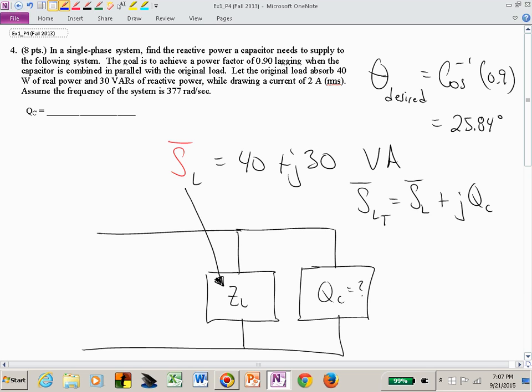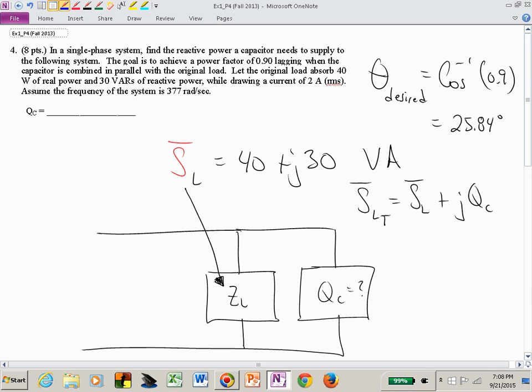Well, not usually. You usually want to think of a capacitor giving you negative VARs, and so I'm not sure what you're seeing there, but you might be, oh, what does the capacitor need to supply in order for this to be true?